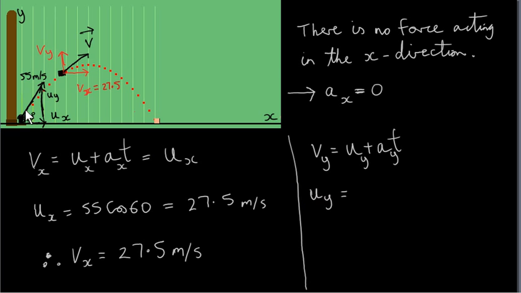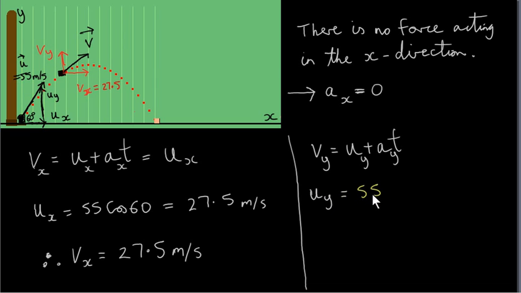Uy is the hypotenuse of this triangle, which is 55. It's the magnitude of the initial velocity. This vector here would be called u. Vector u is 55 meters per second at an angle of 60 degrees to the horizontal. That's vector u.